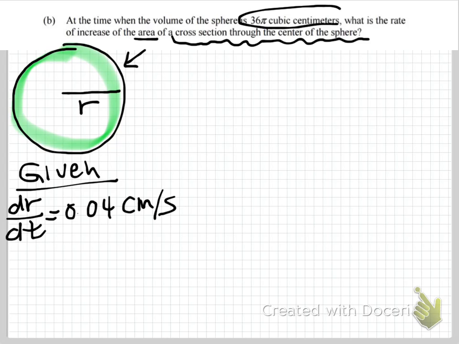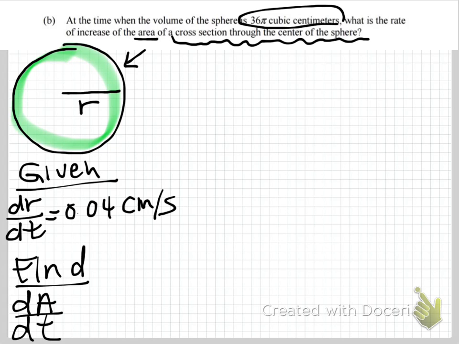And I want to find dA over dt. Now, you might be saying, Miss Yamatin, what are you going to do with that 36 pi? And the answer is, I don't know how to use it yet. So let me just do the other steps.